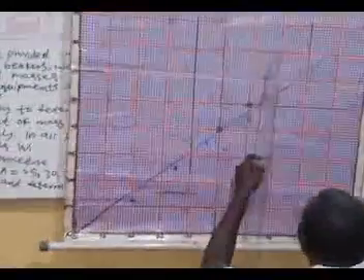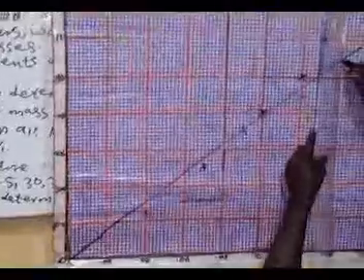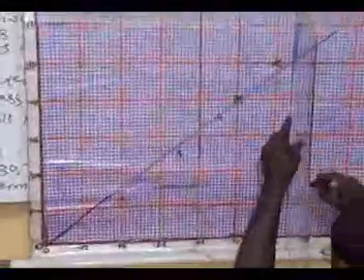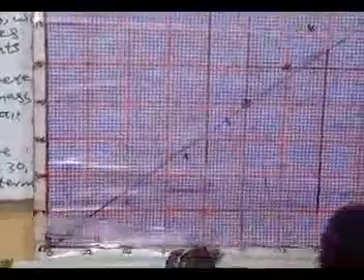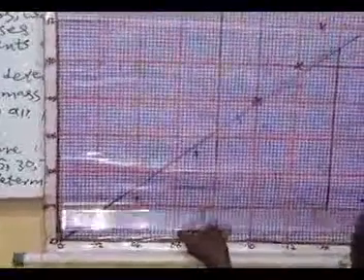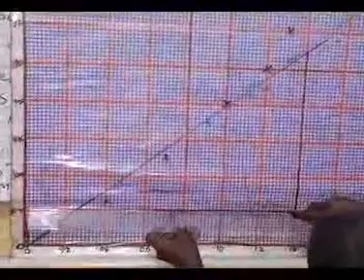You can now draw the vertical and horizontal side. That is the vertical side you are going to use. This is the horizontal side you are going to use.